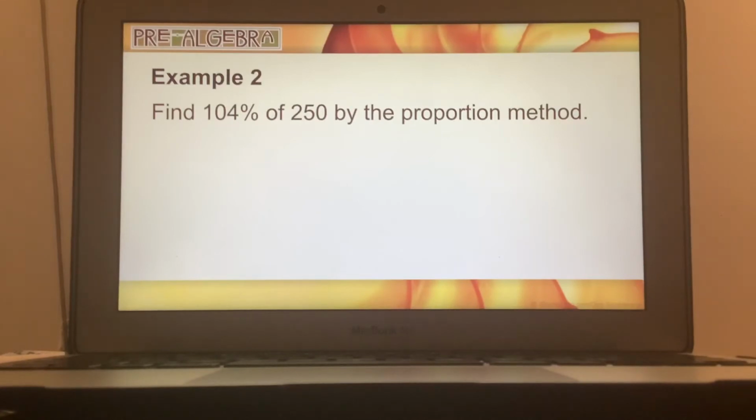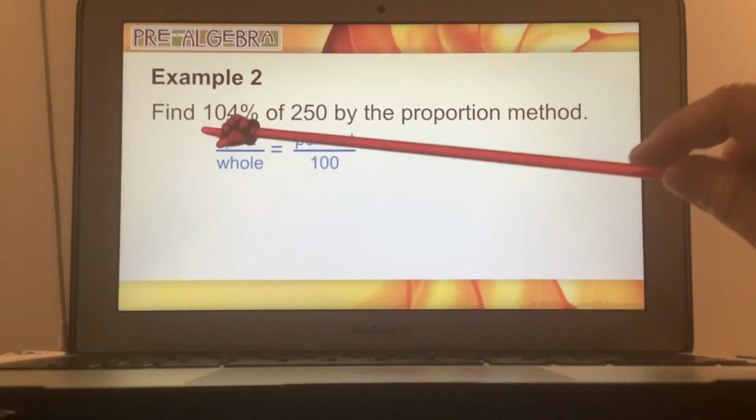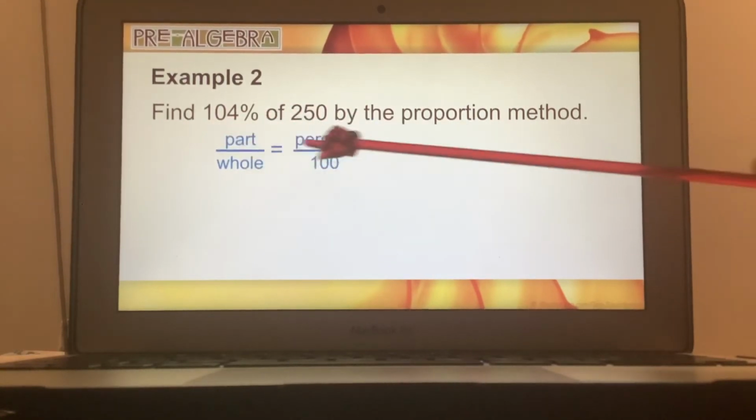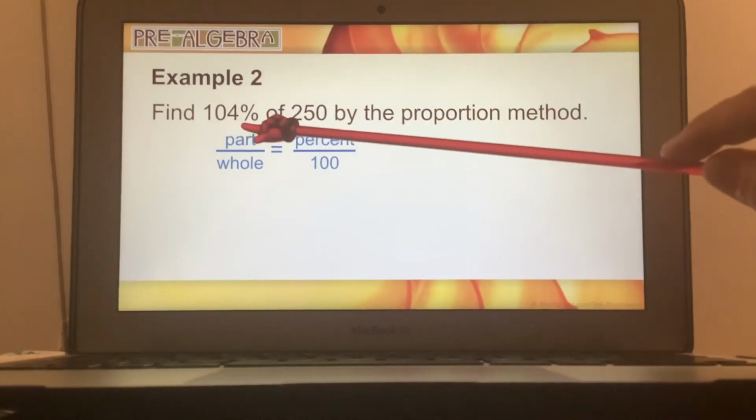Now, the next example, okay? Find 104% of 250 by the proportion method. So remember, the proportion method is we're comparing the part to the whole is equal to the percent over 100. So if you take this proportion and you try to figure out where these numbers go in our proportion here, well, here's 104%.